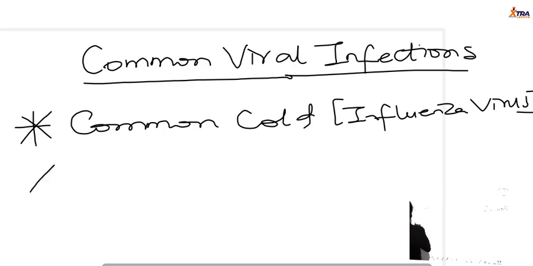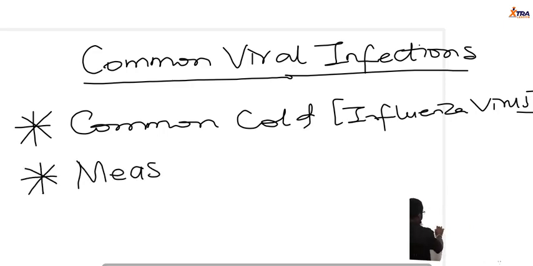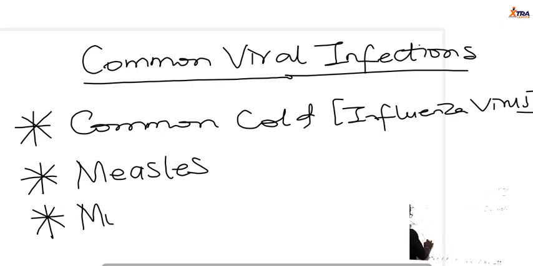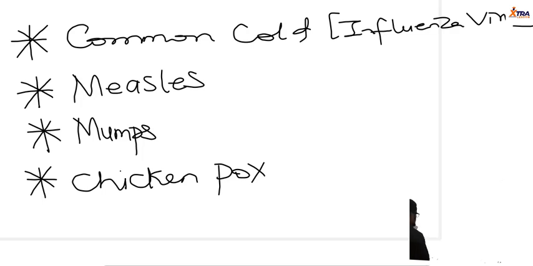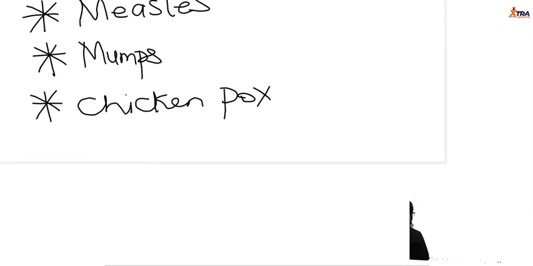Now you also have measles. Measles is also an example of viral infection. You have mumps. You have chicken pox. Well, a very common one now, coronavirus. Should we say coronavirus?